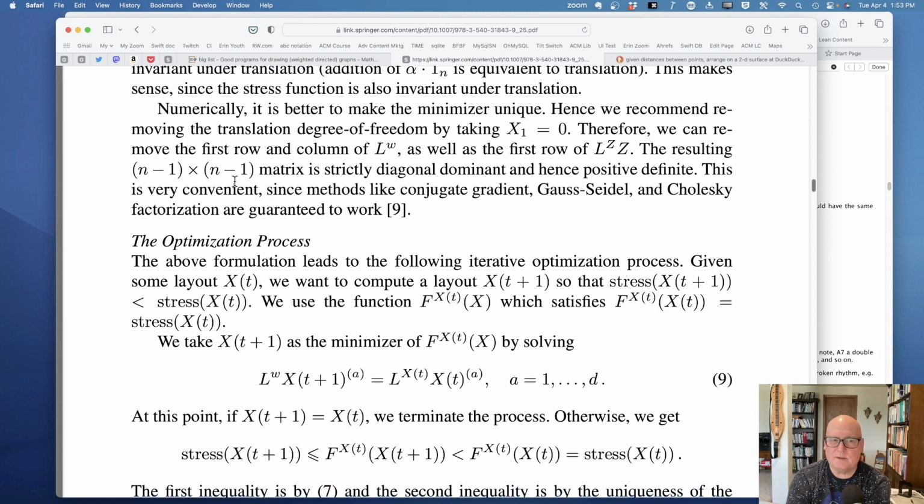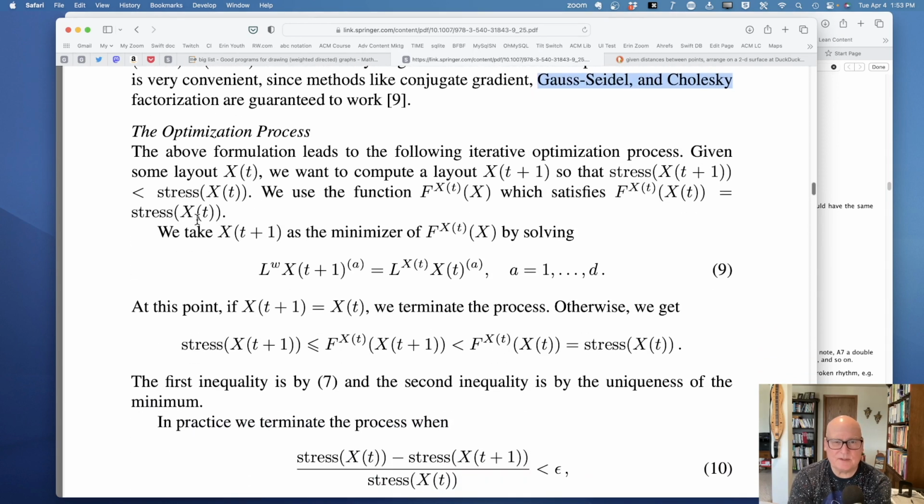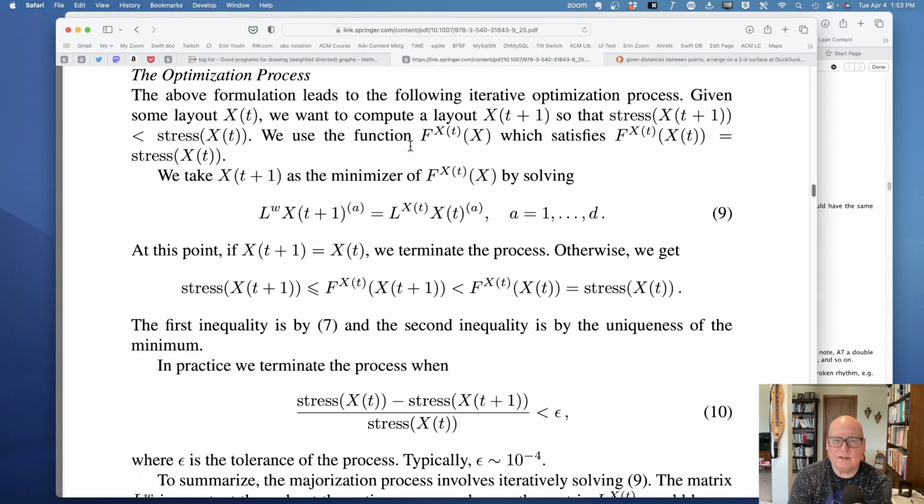And an n minus 1 by n matrix. And then I've heard these two mentioned before. They're different ways of tearing apart this thing. Iterative optimization: given a layout, compute a layout xt plus 1 so the stress is less.